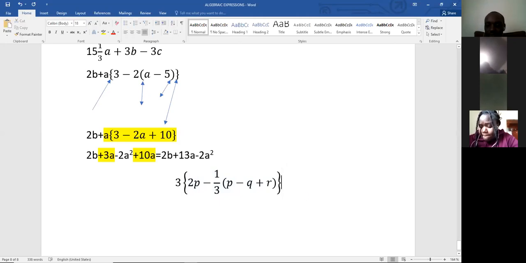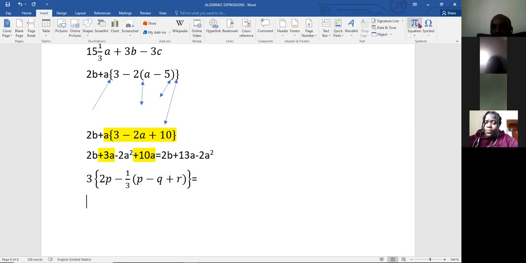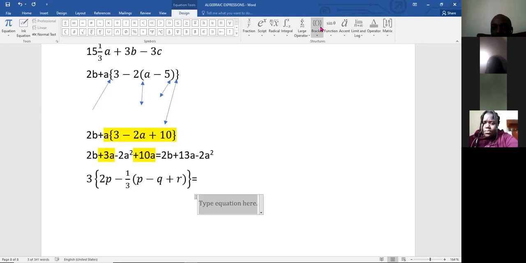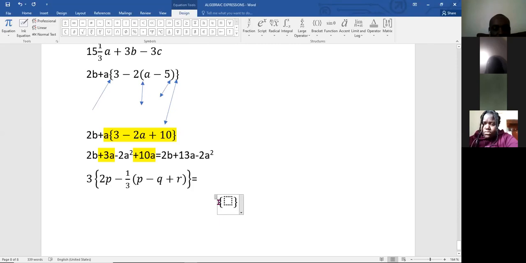So we solve this one. You first of all have to solve the inner brackets. So I continue by solving the inner bracket. This is how you solve the inner bracket. Let me put everything as it has been. So 3 is still going to remain here, and 2p is still going to remain there.